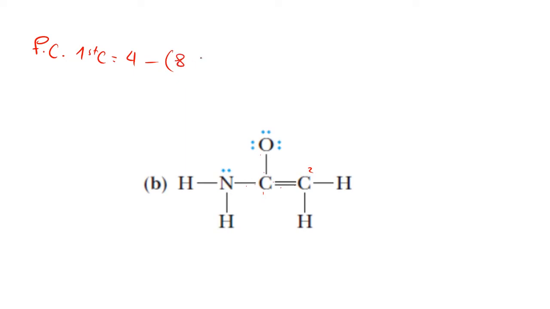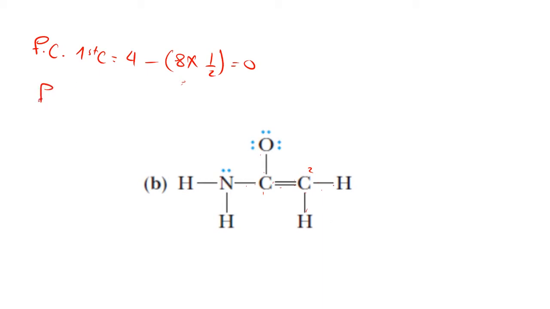There are 8 electrons which are shared. I'll multiply them by half. This is why I have 0 charge on that carbon. If I look at the other carbon, it is also 1, 2, 3, 4, 5, 6, 7, 8. There are 8 shared electrons, and the valence electron is equal to 4, so I also have 0 formal charge here.